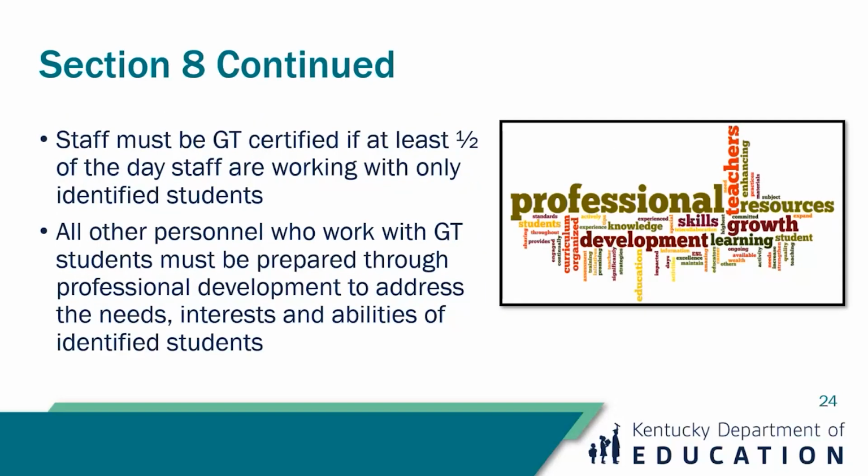Section 8 goes on to say that staff have to be GT certified if at least half of the day they are working with only GT identified students. And it states that all other personnel who work with GT students must be prepared through professional development to address the needs, interests, and abilities of identified students.